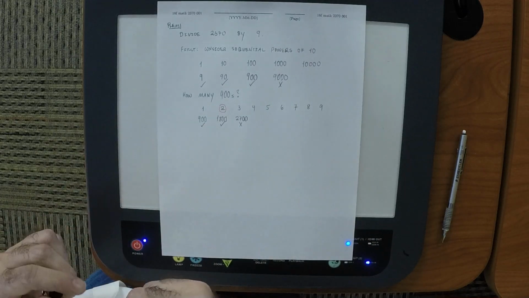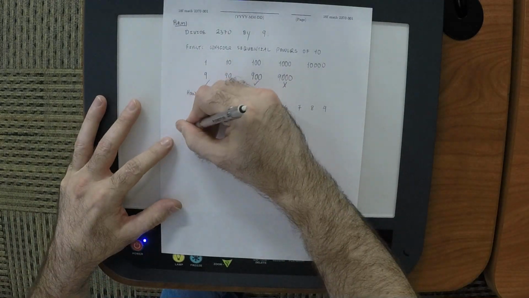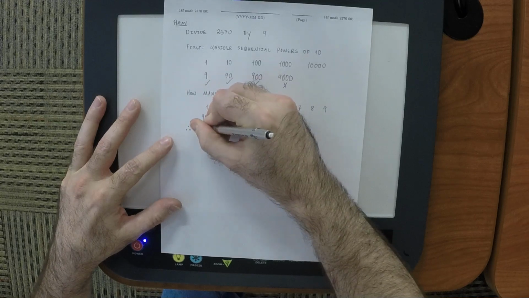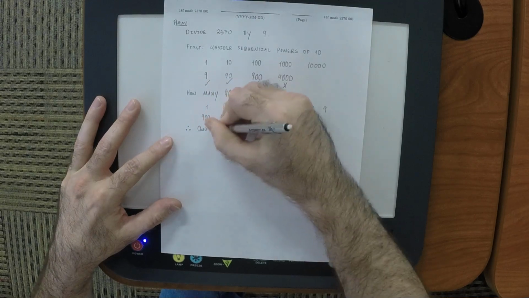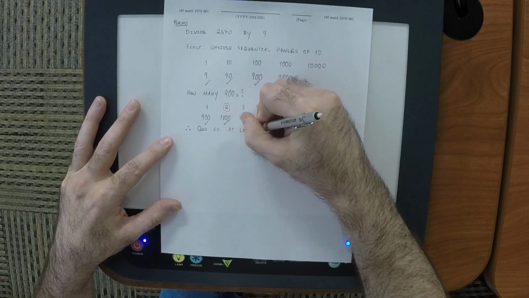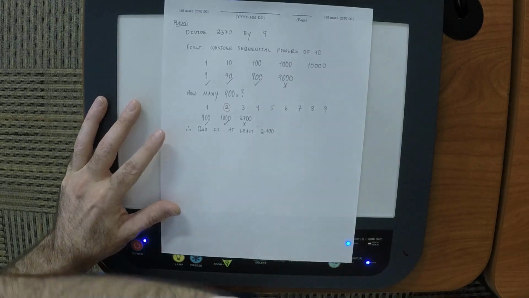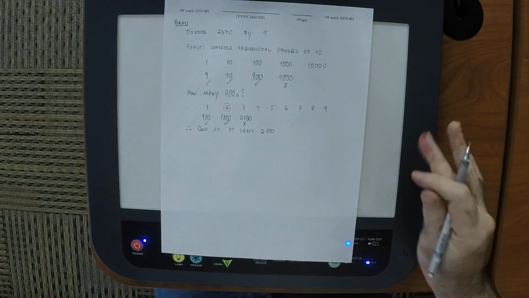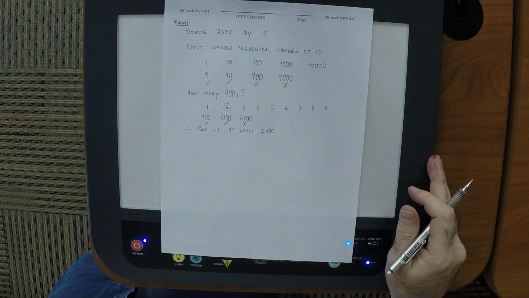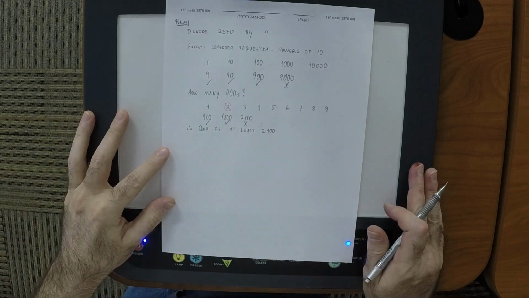So that's the first digit. So now we're saying therefore the quotient is at least 2 multiplied by 100, because we were able to take 100 groups of size 9 twice. So the quotient is at least 200.